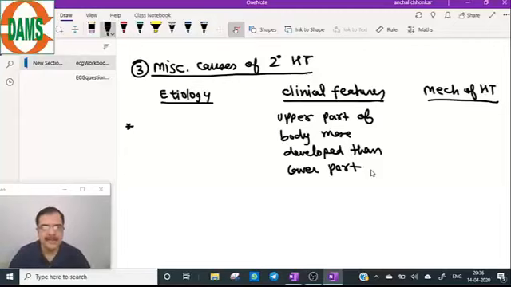So, the miscellaneous causes of secondary hypertension: etiology, clinical features, and mechanism of the hypertension.